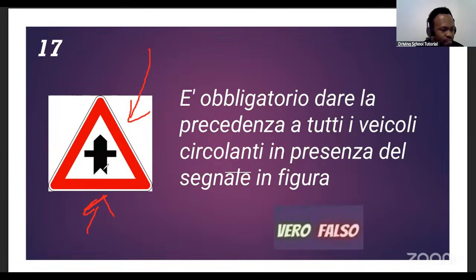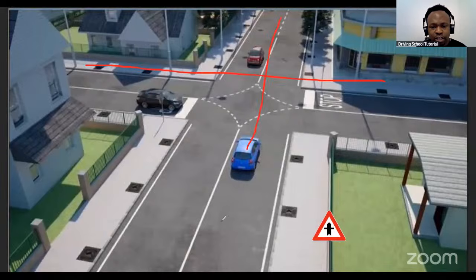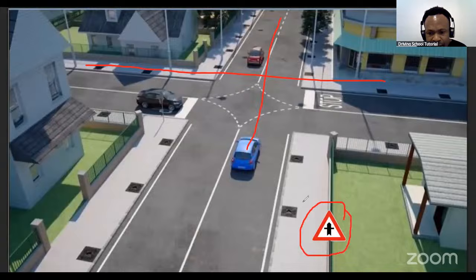This one is giving you right of way over this junction, while the yellow one is successively giving you right of way over other junctions. You understand? So here, diritto di precedenza means that if I am coming and I come across a junction like this, I have right of way over them.